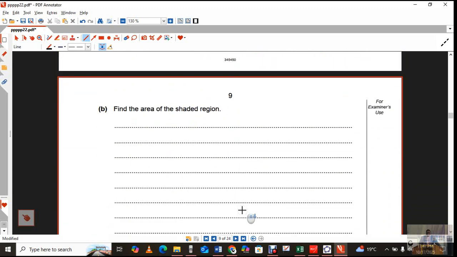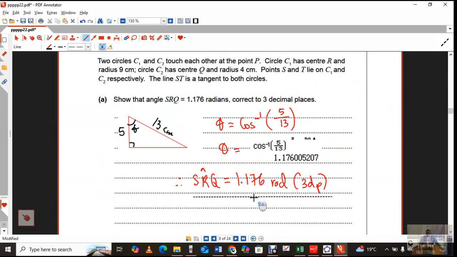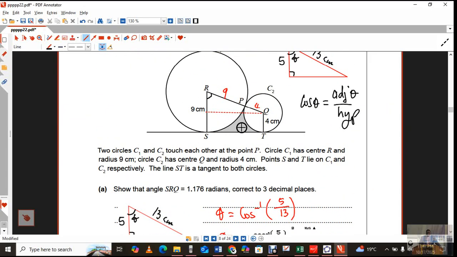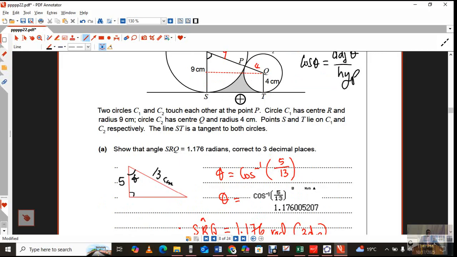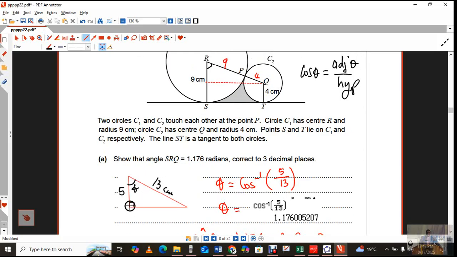Right. Now it has a second part. They are now asking us to find the area of that. Do you see that the distance S to T is going to be exactly the same distance as this dotted line over there?